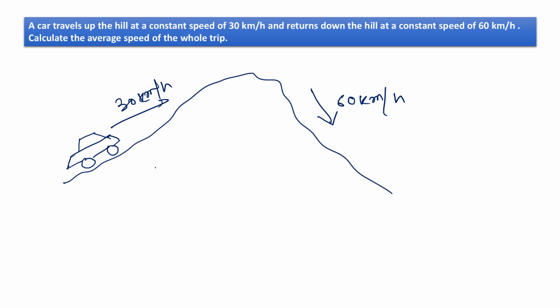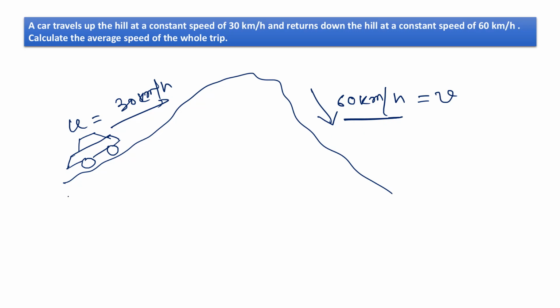According to the shortcut formula, if this is my initial speed, u, that is 30 kilometer per hour, and 60 kilometer per hour is my final speed, v. Here u is the initial speed at which the car was traveling up the hill at a constant speed of 30 kilometer per hour, and whenever it is coming down, it has a speed of 60 kilometer per hour. So this is my final speed.